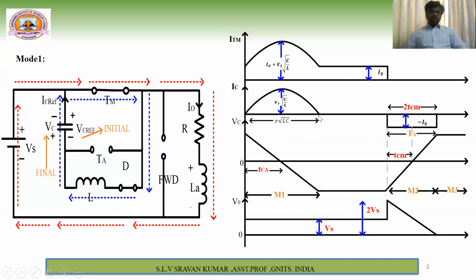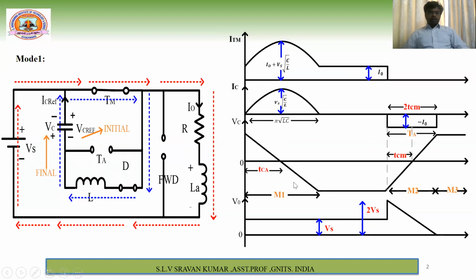Next, coming to the capacitor voltage. Initially these are the polarities. Because of switching on, the current flows like this. At the end of this mode, the polarity is negative, so slowly the capacitor charges to a reverse polarity, and you get a waveform like this.